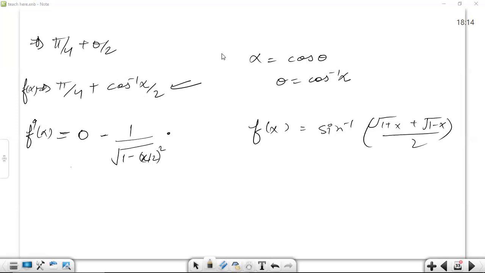What is the derivative of x by 2 with respect to x?